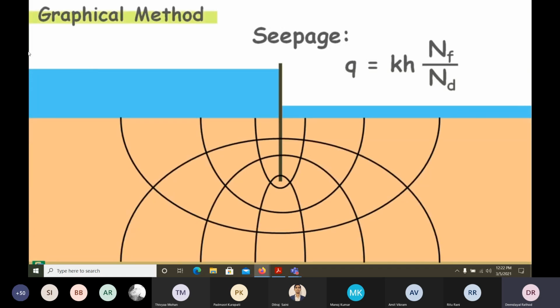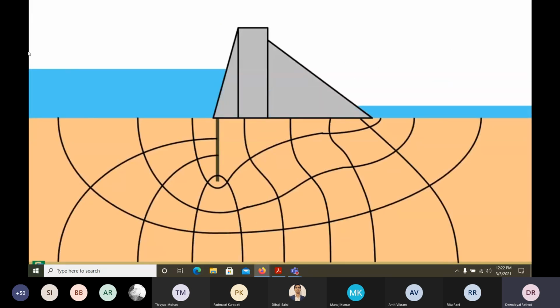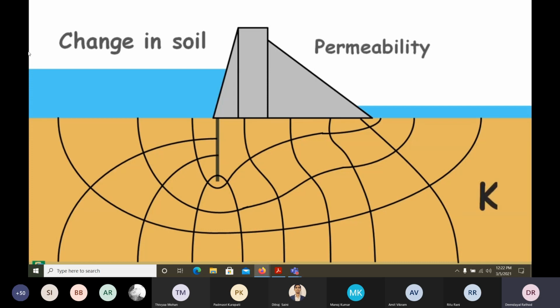We know that for a given set of boundary conditions, the flow net is unique. It is dependent on the boundary conditions. If boundary conditions change, the flow net will also change. But if we change the soil in which the water is flowing, the flow net will not change. Only the permeability of the soil, K, will change.